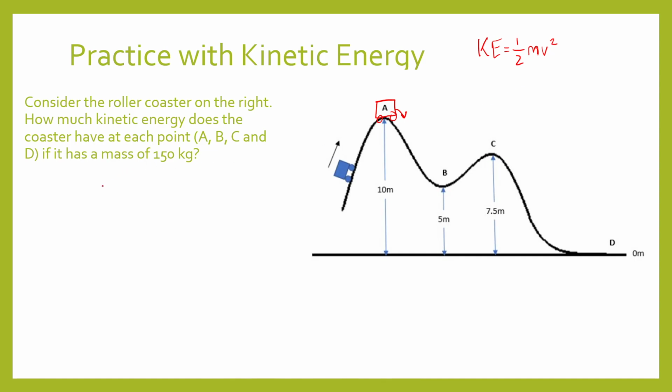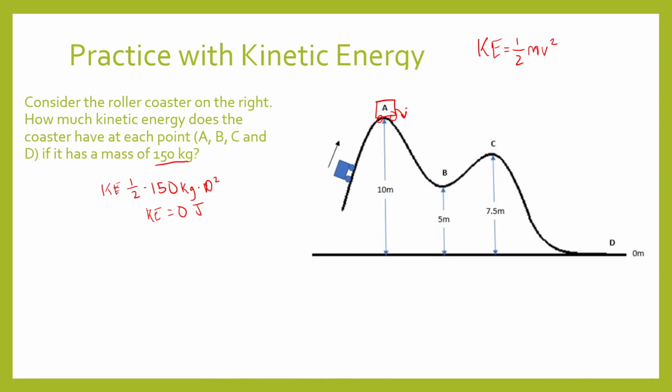So in this case, the kinetic energy is going to equal 1/2 of our mass, 150 kilograms, but it's not moving. Because it's not moving, the velocity is equal to 0, so the kinetic energy is going to be equal to 0 joules.